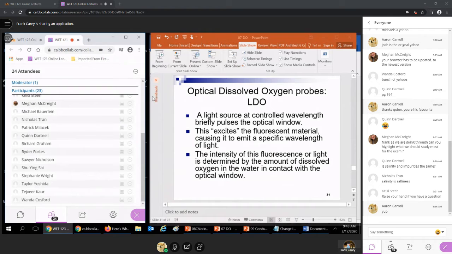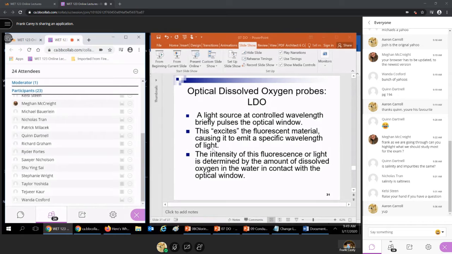When the electrons fall back to their normal level, they emit a red pulse, and the intensity and timing of the red pulse is sensed by the probe. So a blue light is sent out, which excites the molecules, and the molecules send back a red pulse, which is measured by the probe.